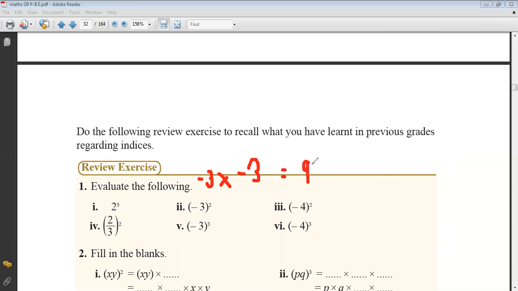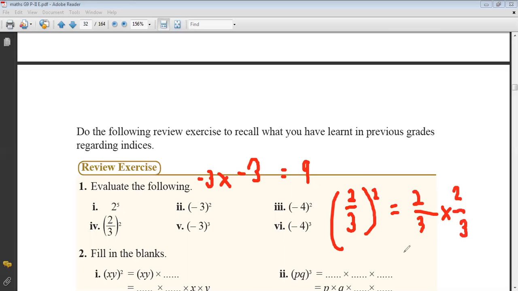Now this one. 2 times 2 is 4. 3 times 3 is 9.